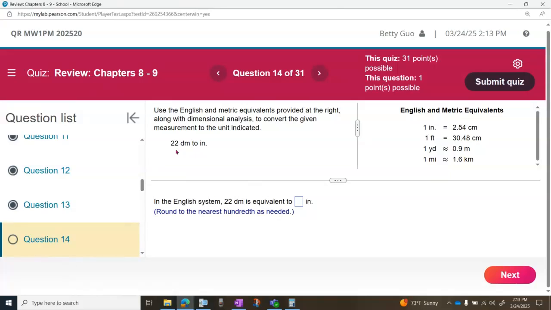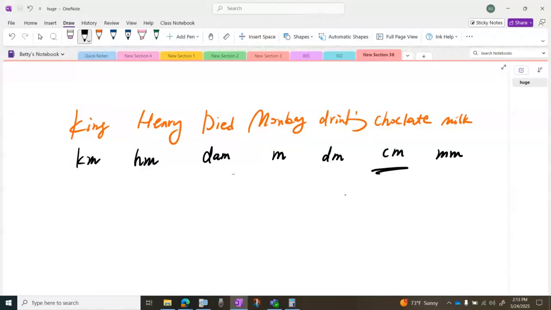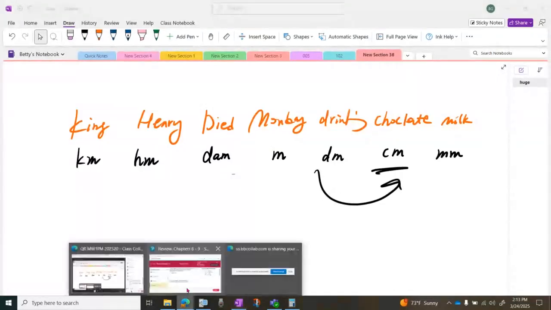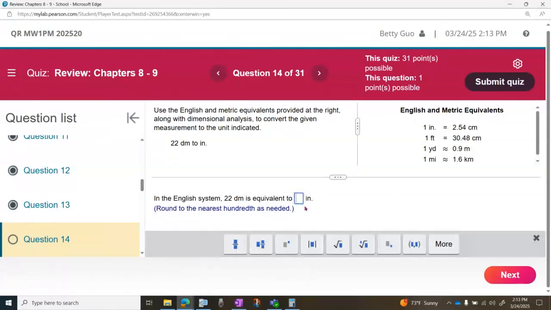We're going to go from 22 decimeter to centimeter first. From dm to cm, go to the right one time. So you move the decimal point in 22 to the right one time. So you have 220 cm.